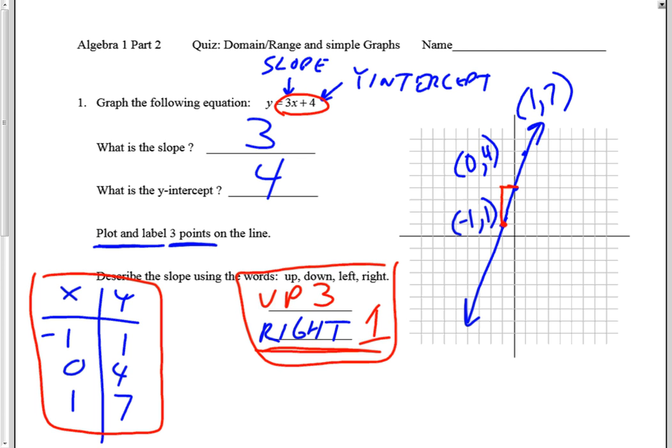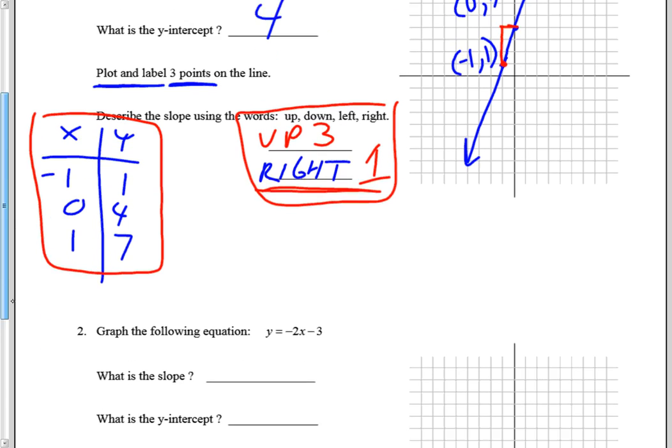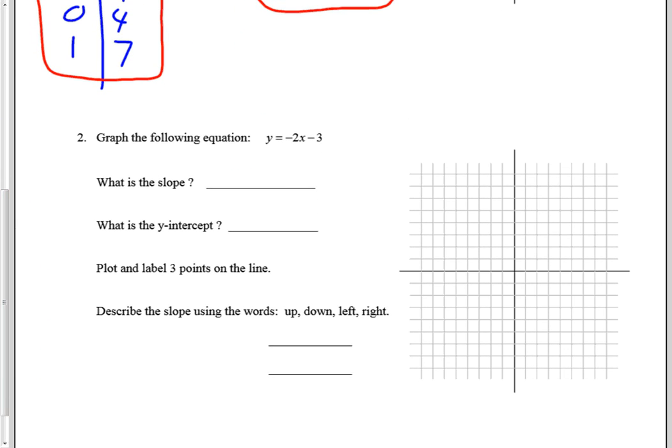Yeah, there you go. Y equals, number 2. 4, 7, 10, 13, 16, 19, 25. Take a look. -2, -3. Plot and label 3 points.